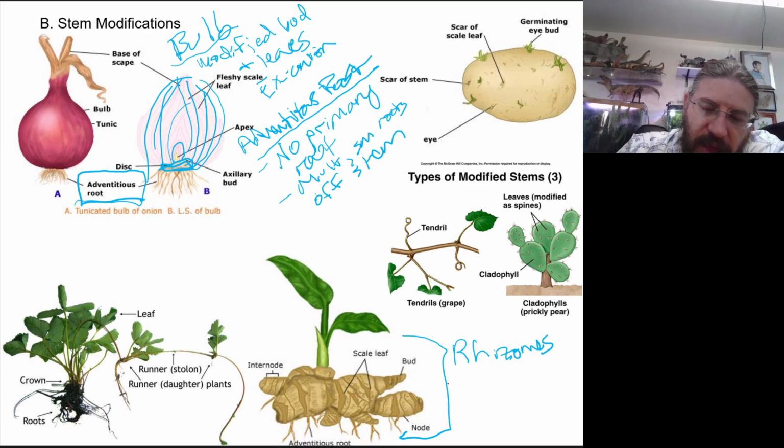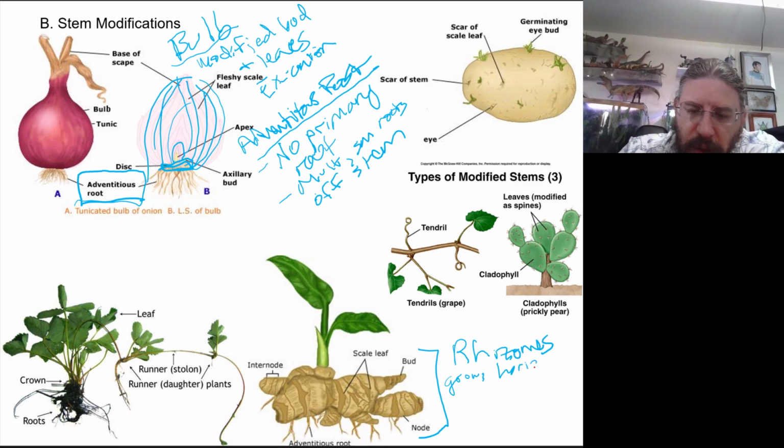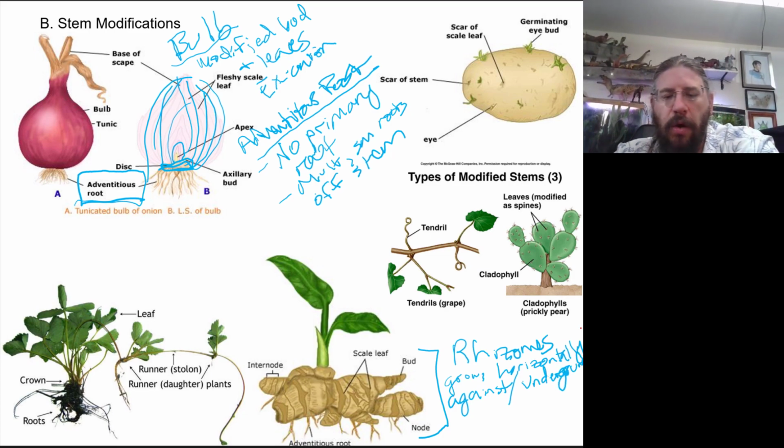So a rhizome is a modified stem that grows horizontally against or under the ground. So ferns do this. We've talked about ferns and their rhizomes.